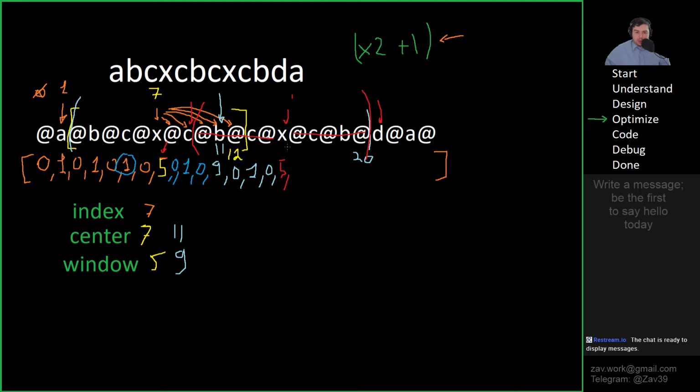So we continue with symbols up to the end. We will have the same: 0, 1, 0, 1, 0, 1, 0, 1, 0, right? Yeah.